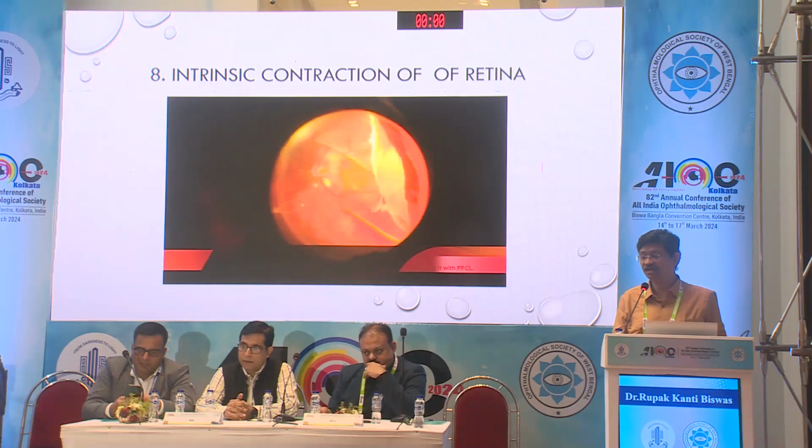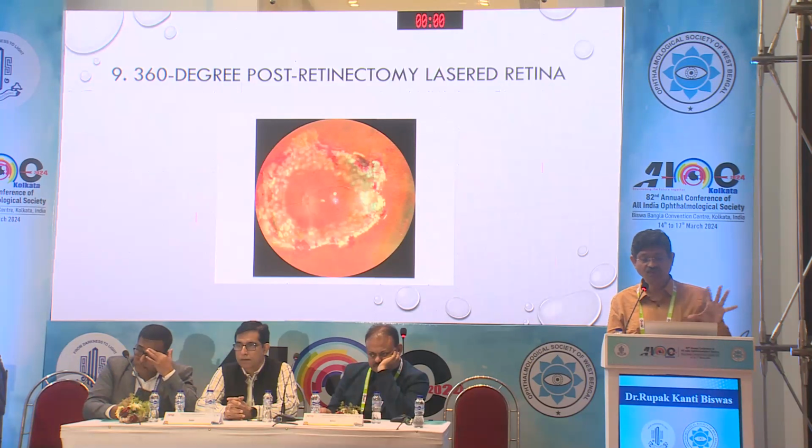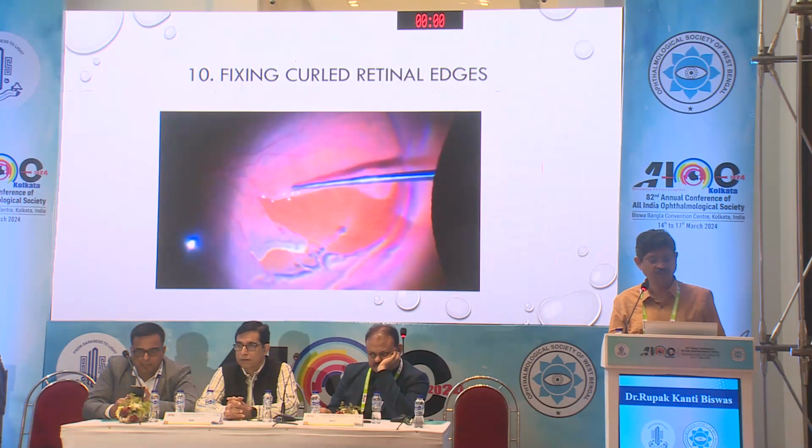With intrinsic contraction of the retina, you need to take the call as per the situation, and if needed, a liberal retinotomy can save you for that kind of purpose, or a radial retinotomy, or multiple radial retinotomies, to settle the retina properly. So sometimes you can land up with a small central island of retina, but again you can manage it.